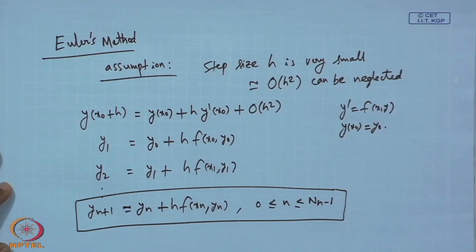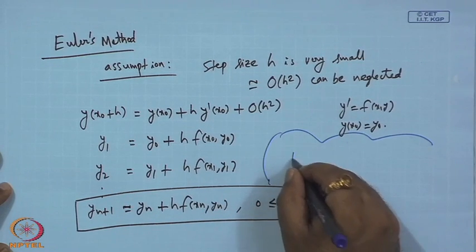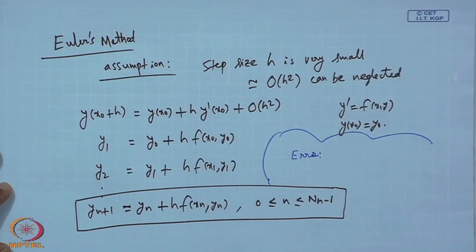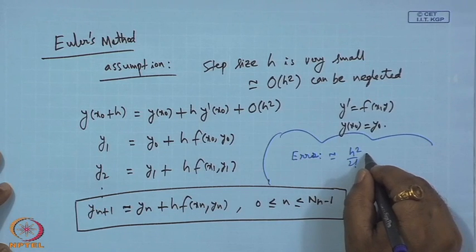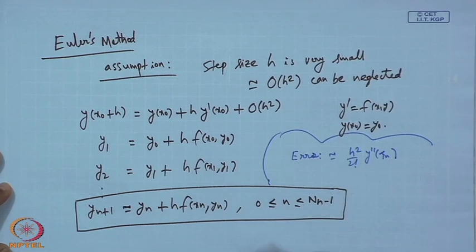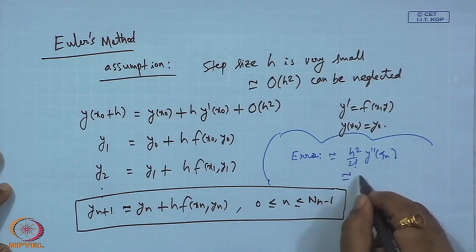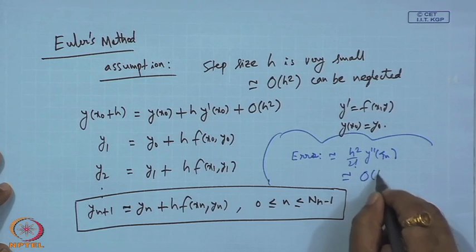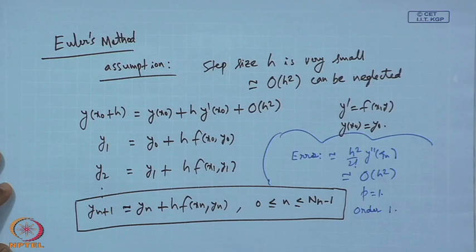Now what is the corresponding error? The corresponding error is from what we started throwing away. As we decided earlier, we can estimate this, and now if the error behaves like this, that means the Euler method is order 1.